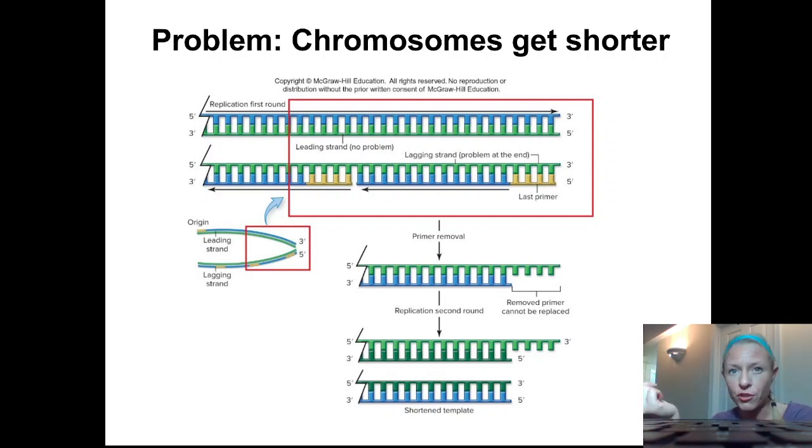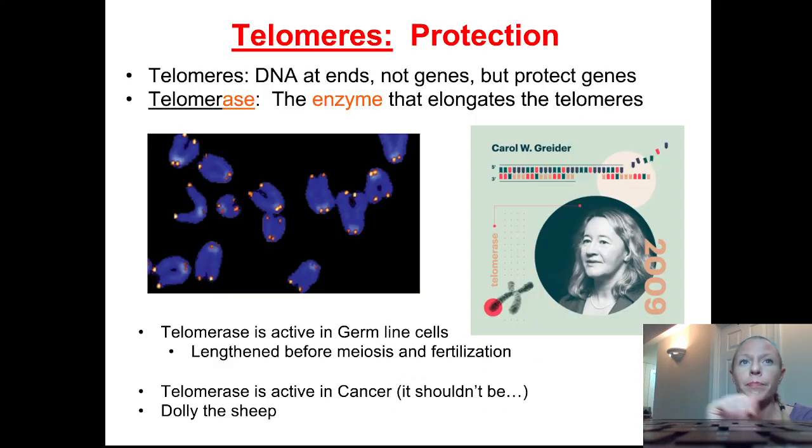The ends of your chromosomes, or your telomeres, are very similar. Your telomeres are the DNA at the ends of your chromosomes. They're not genes, but they protect your genes. And there's a specific enzyme called telomerase that actually elongates your telomeres.